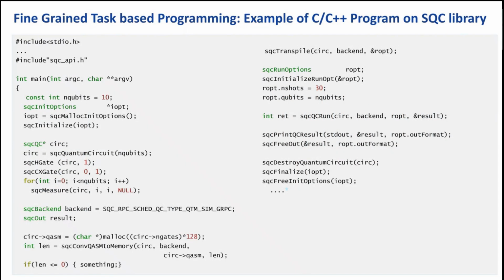This is a very simple example of our C and C++ program API. Most of these APIs are almost the same, the difference is just whether it is C or C++. In our case, we support a C library, because even if you are using C++, you can use the C library.